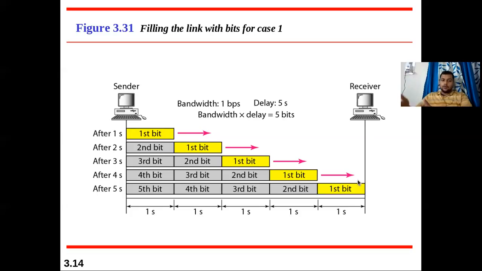Once that first bit has reached the receiver, all these 5 bits have filled the channel entirely, and that is called the bandwidth delay product. So here it is 5 bits. Bandwidth delay product is 5 bits.